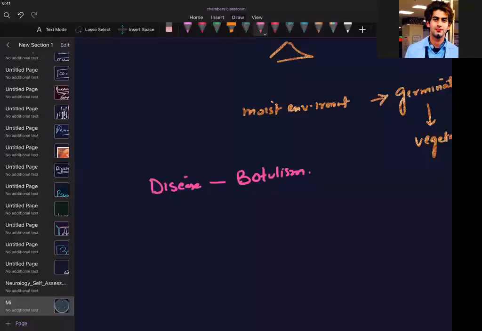Okay. Now, to understand its pathogenesis, first you should understand that C. botulinum is a non-invasive rod-shaped bacillus. You should remember first it's non-invasive. And the disease which it is causing, botulism, is because of a powerful neurotoxin.